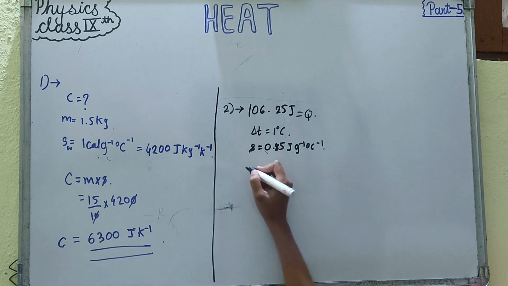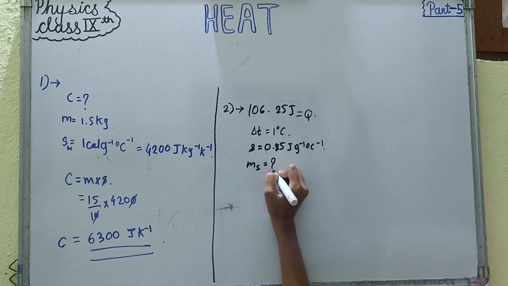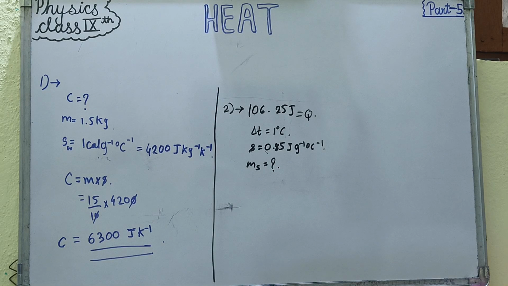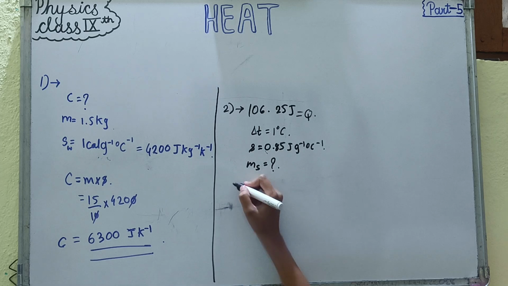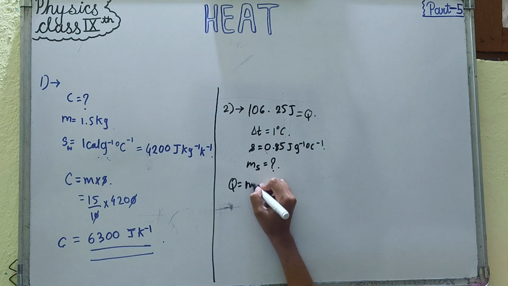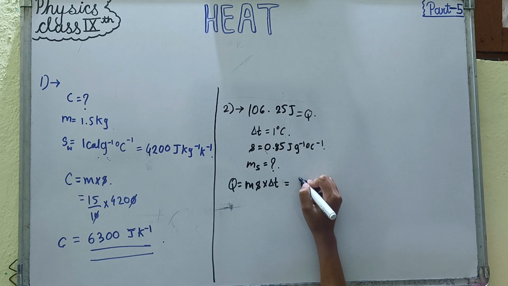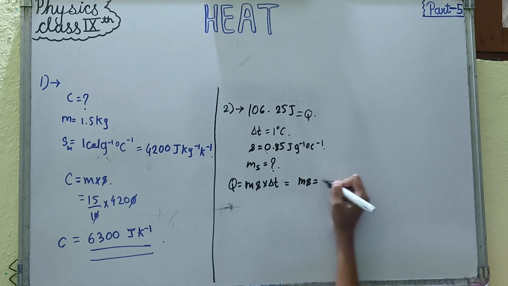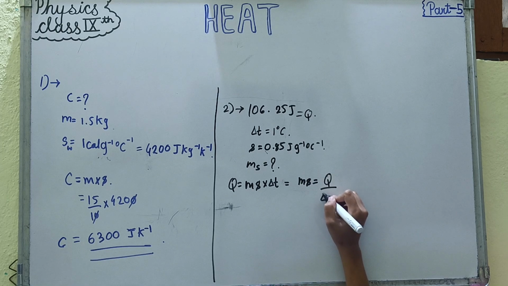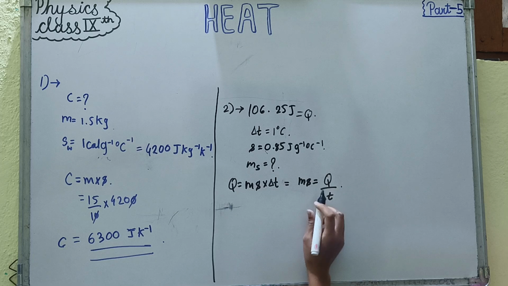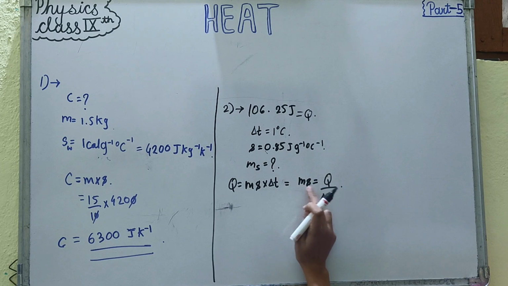And we have to find the mass of this solid. We know that Q is equal to ms into change in temperature, and ms is equal to Q upon change in temperature. After finding this value, we'll get the value of ms, that is the value of thermal capacity.